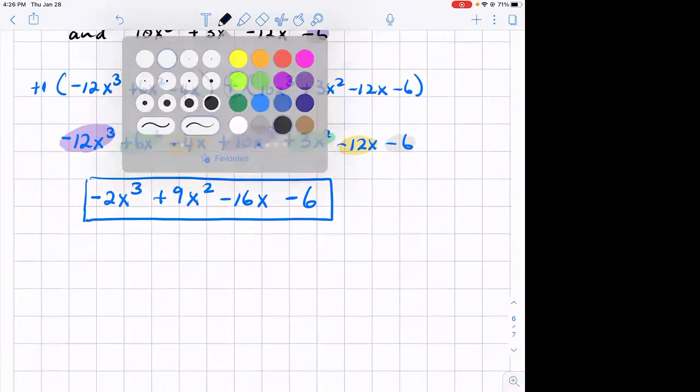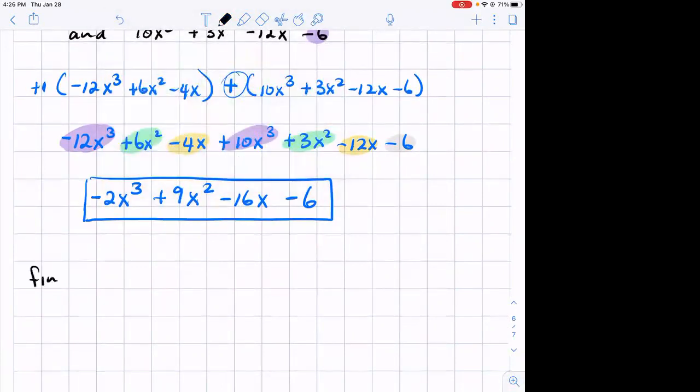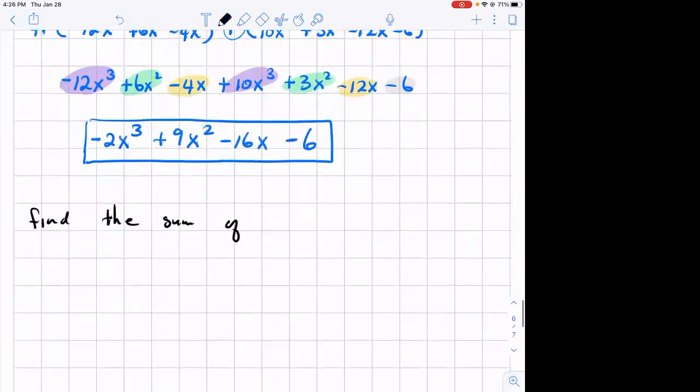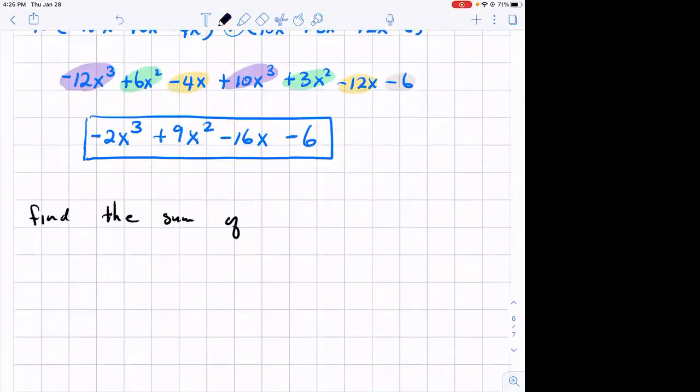How about if I said find the sum of 2x plus 1, 3x squared plus 2x plus 4, and 6x squared minus 8.